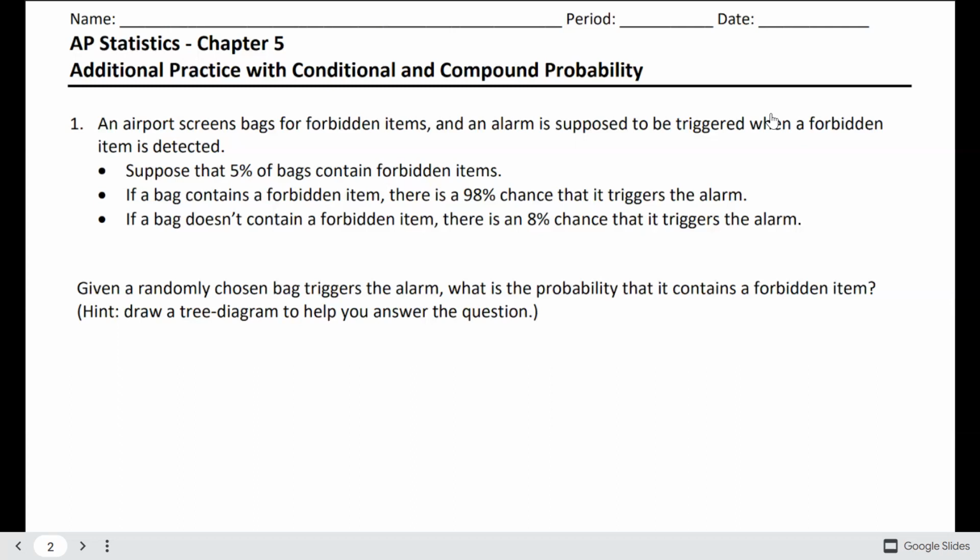All right, so we're going to multiply along our branches to find these probabilities, and then I want to make sure that we know what we've just found the probabilities of.